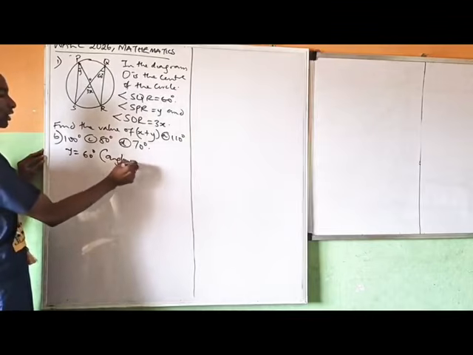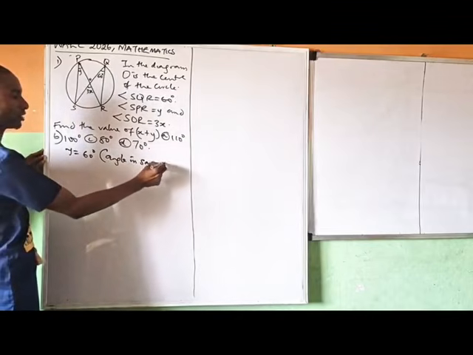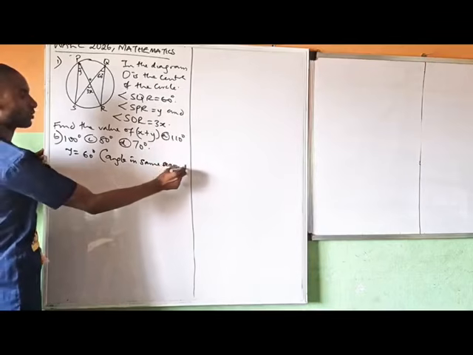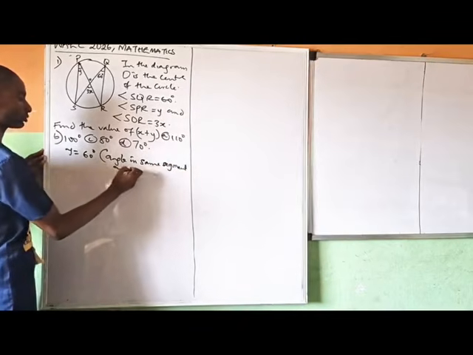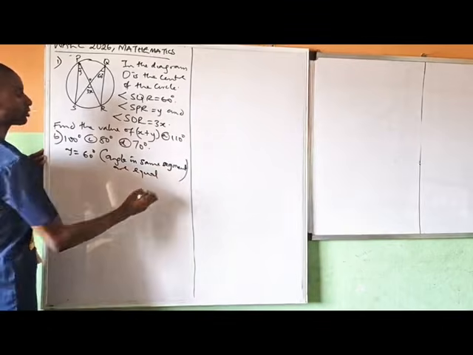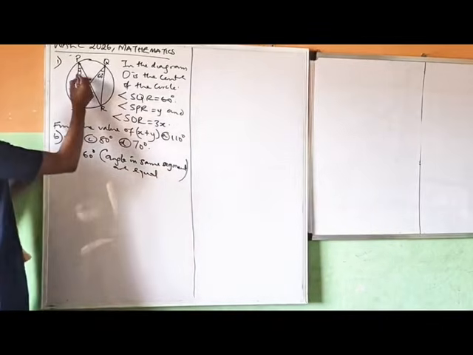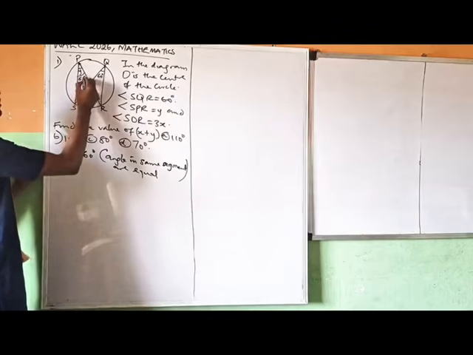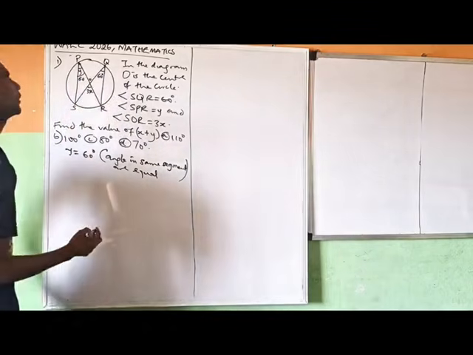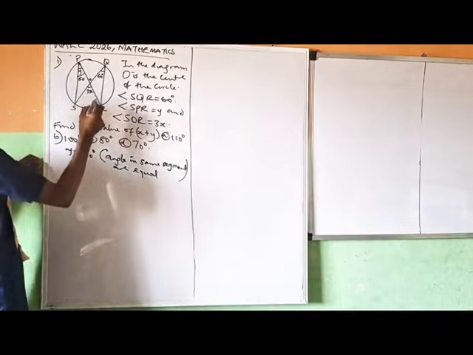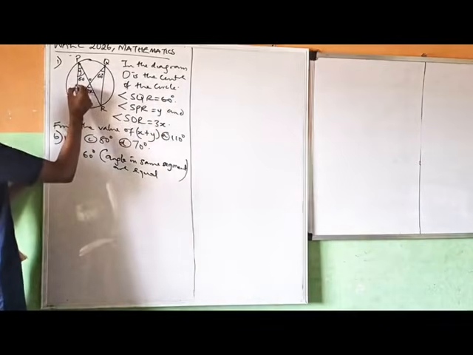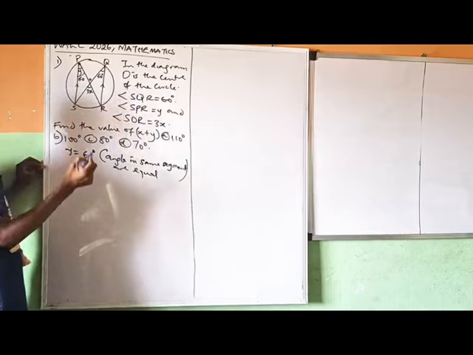Angles in the same segment are equal. So that means here is 60. Now, another thing is this. These two lines are parallel.